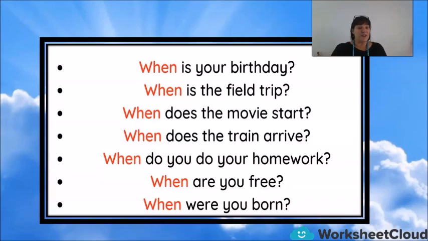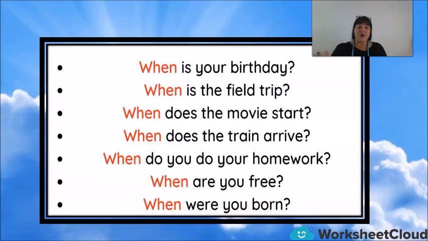Question, when does the movie start? Answer, the movie starts in 5 minutes. Question, when does the train arrive? Answer, the train arrives in 1 hour. So this is all about time. When do you do your homework? Answer, I do my homework when I get home from school. Question, when are you free? I am free in 5 minutes' time.